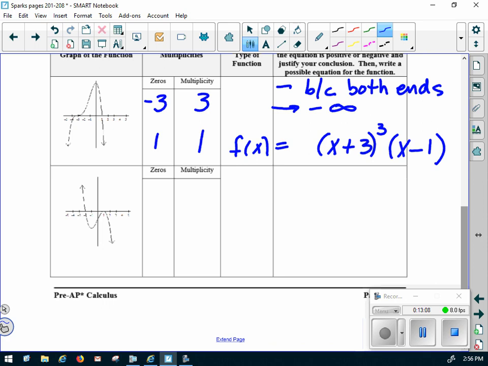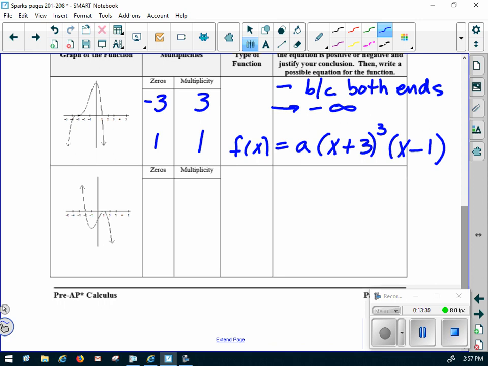If we FOILed all this out, what would our leading coefficient be as is? This would give us an x cubed, and this would have an x, and x cubed times x is x to the 4th. The leading coefficient would be 1, because the coefficient of both of those x's is 1. You need to slide an a right in here because the leading coefficient might be something else.